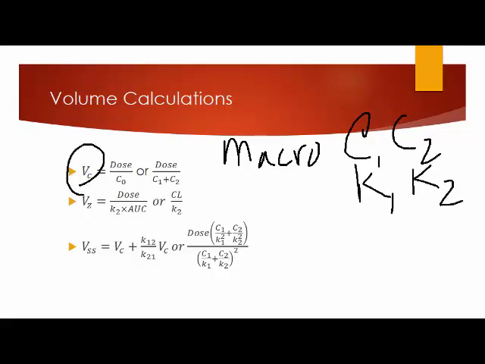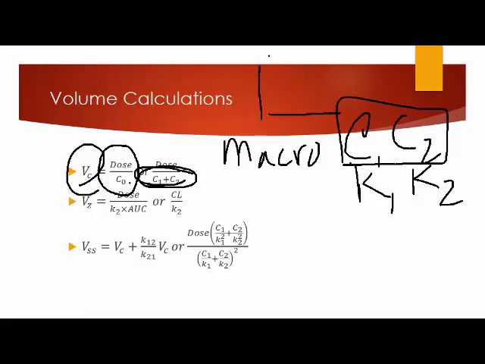So you can get VC by, and you guys already know this, your dose divided by your initial concentration. So if you have two compartments, you can add up the two y-intercepts to get your total concentration at time 0, because remember those slopes, there's C1, C2, those added up will give you your actual concentration that you have at initial.